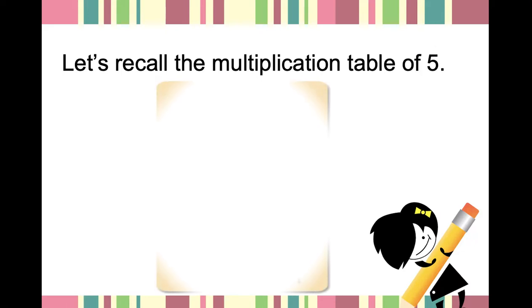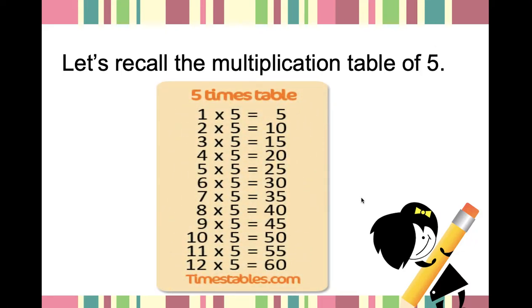Okay, let's recall the multiplication tables of 5. I put this table chart for you so that it's easy in case you want to learn it by heart. This is really going to help you for this lesson.